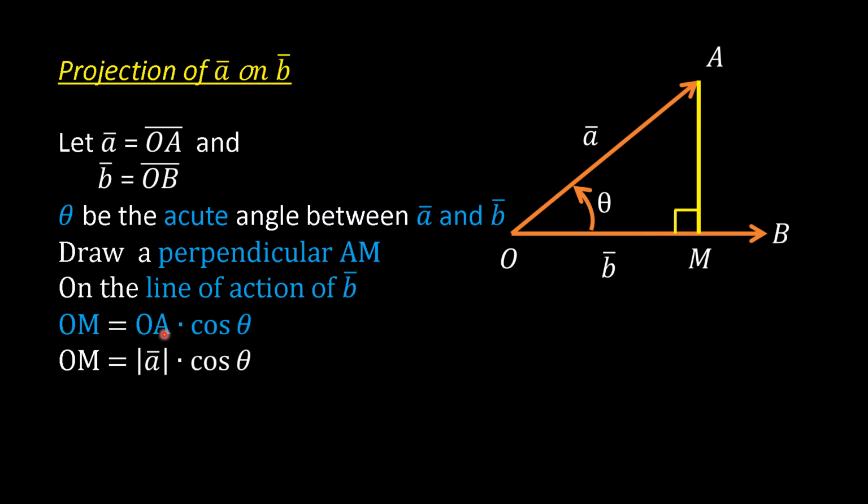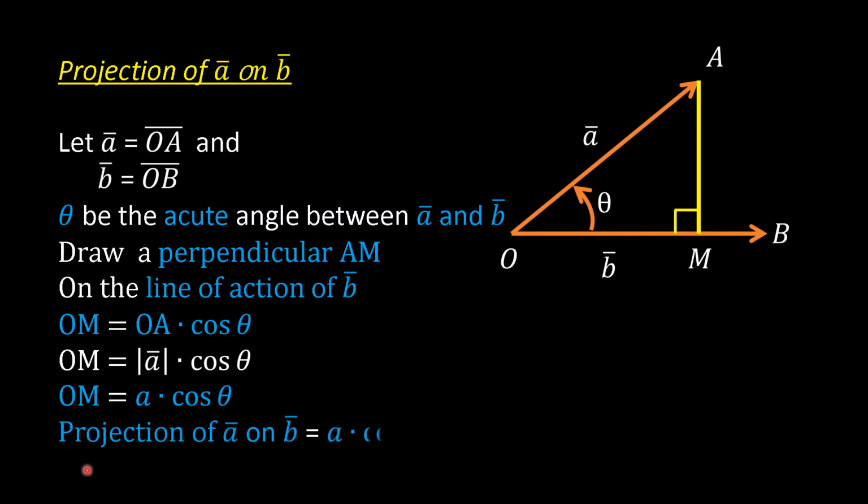OA is the magnitude of vector A bar, which is mod A bar, which is simply A. So OM will be A cos theta. Here OM is called the projection of A bar on B bar, which is A cos theta.